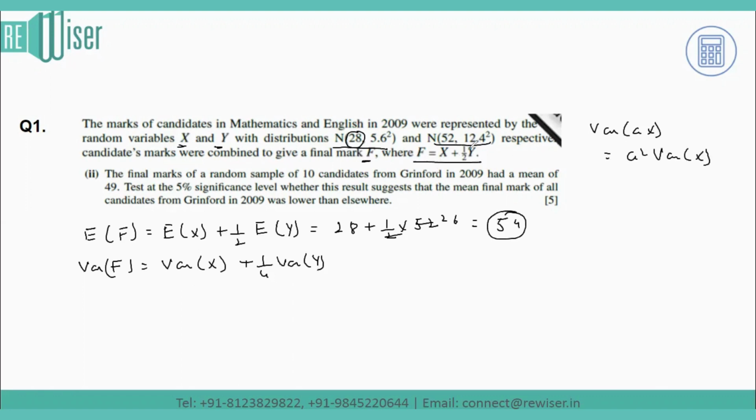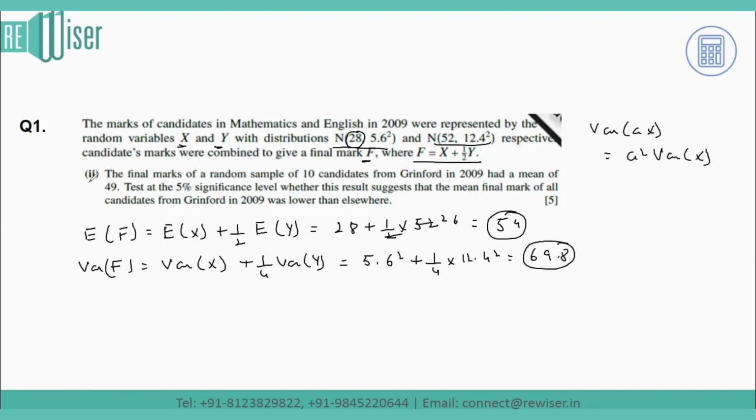Similarly, if I'm finding the variance of half y, the value of a is half, so a squared means 1 by 4 into the variance of y. So the variance of x is 5.6 squared plus 1 by 4, and the variance of y is 12.4 squared. The variance that we got for this is 69.8. So that's the variance of f.